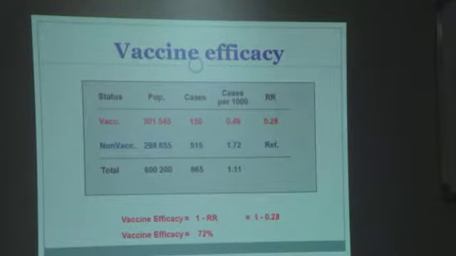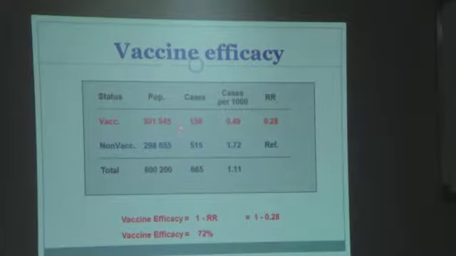0.28. In other words, the protection: the vaccine efficacy is 1 minus the relative risk, which is 1 minus 0.28. So the positive impact of the vaccine is measured as vaccine efficacy, which is 72%.